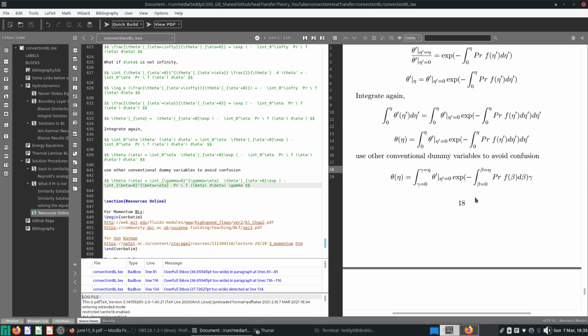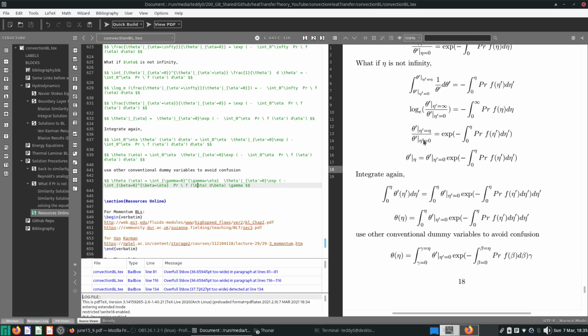Now hopefully this is a little bit clearer what's going on. This beta equals 0 to beta equals eta. This one is just the integral of this dimensionless stream function here. Nothing too much to worry about. Then this integral here is just for the rest of this whole thing, because we just integrated out this part.